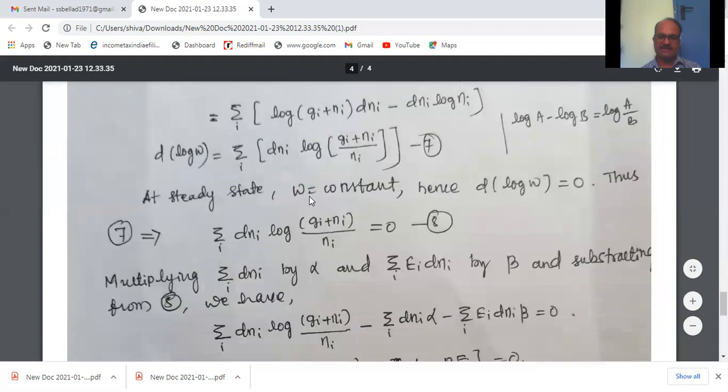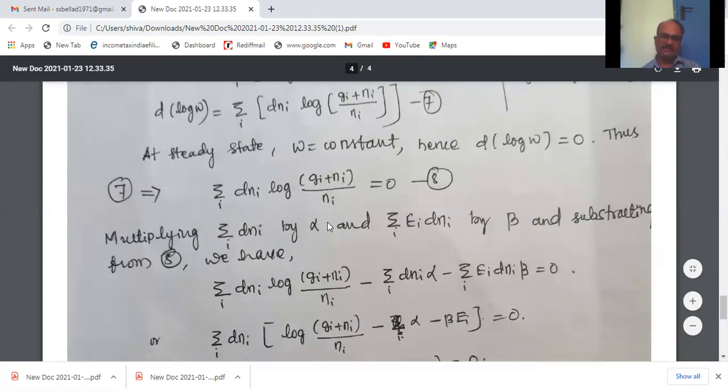Next, at steady state, omega is constant, and hence d log omega is equal to 0. So thus equation 7 becomes summation over i of dni and log of (gi plus ni) divided by ni is equal to 0.